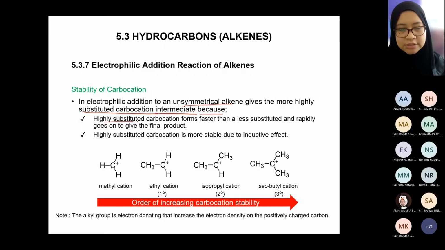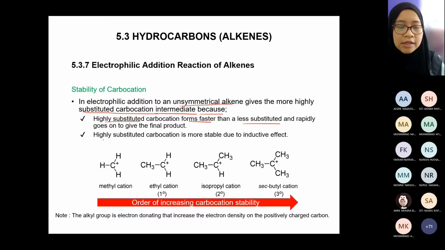A highly substituted carbocation has less hydrogen and more carbon, and it forms faster. It can be formed faster than a less substituted carbocation, like the primary carbocation just now, and rapidly goes on to give the final product. So lebih senang nak form dan lebih senang nak form product.